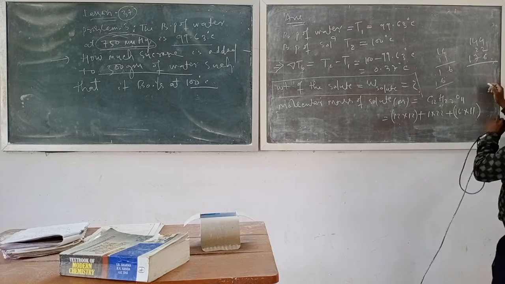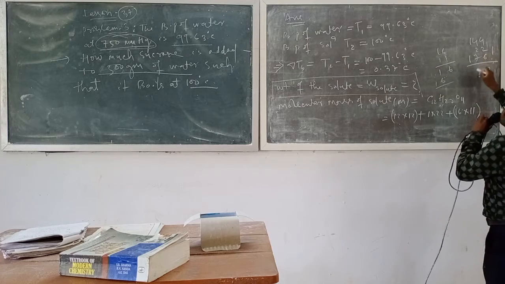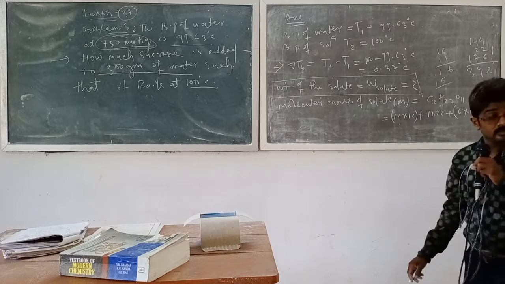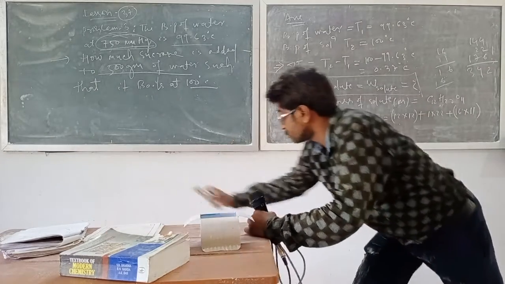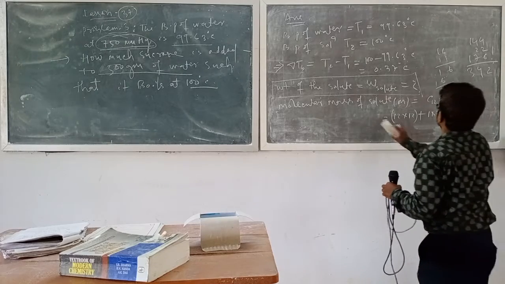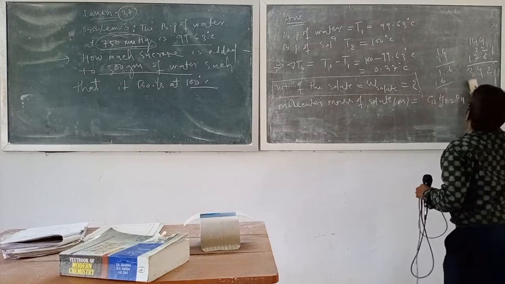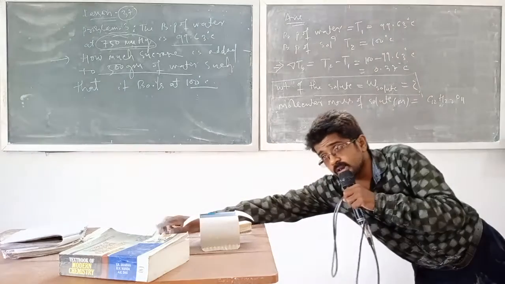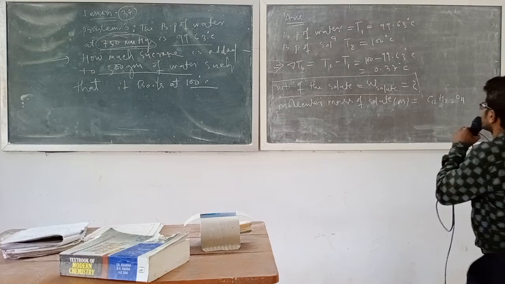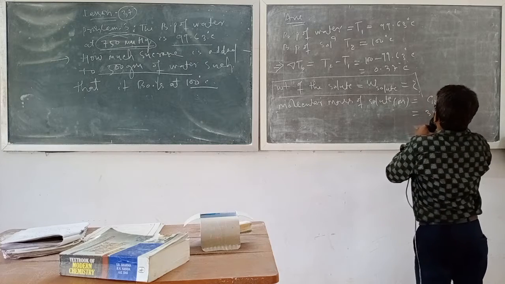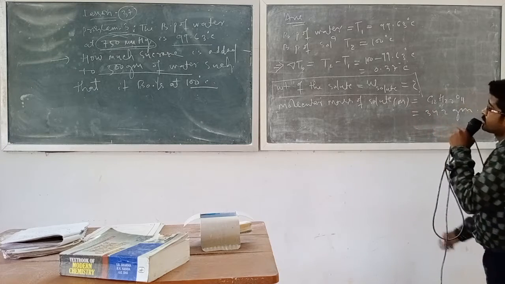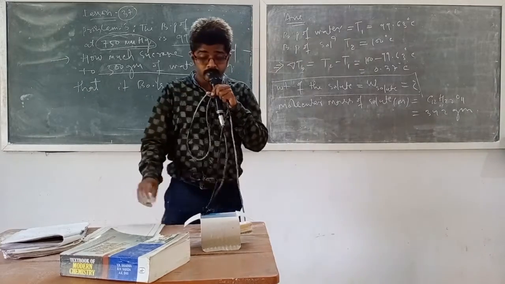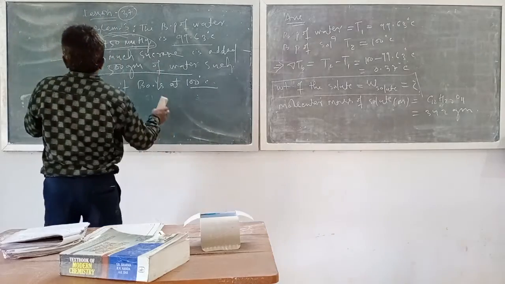This will be 342. So the molecular mass of sucrose is here 342 grams. And so now we have to put the formula.